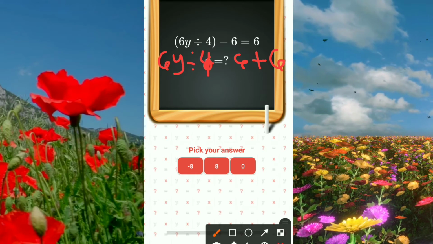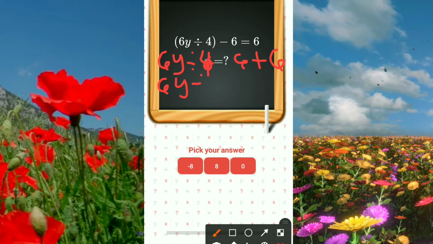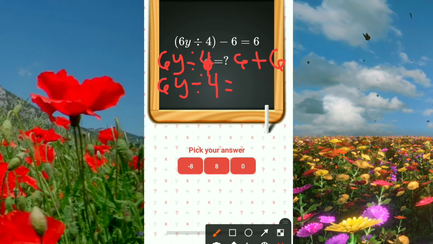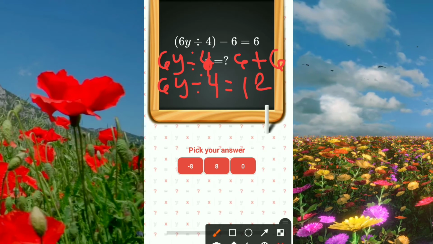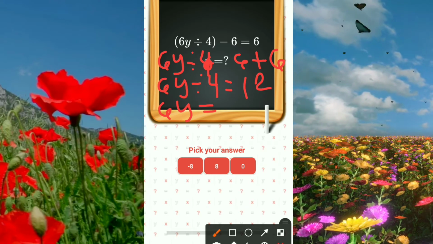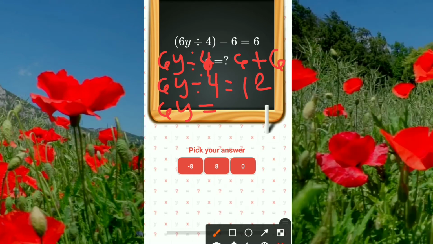And then 6y divided by 4 equals 6 plus 6 equals positive 12. And then 6y equals, so we need to multiply the 4 to both sides. So 12 times 4. So 6y equals 12 times 4 equals 48.